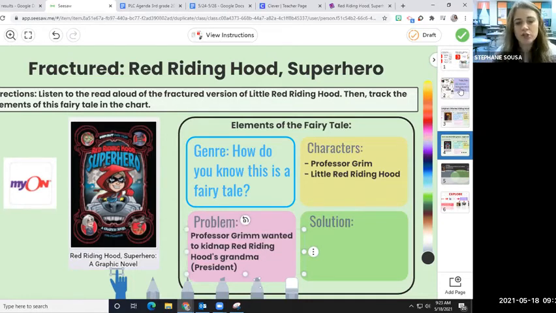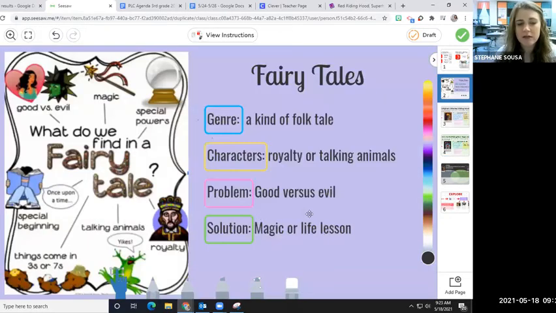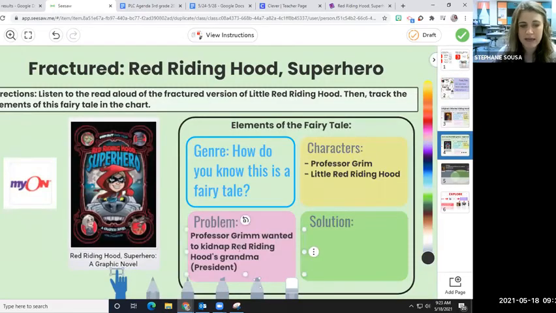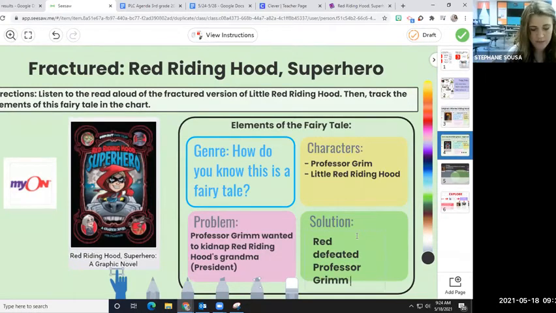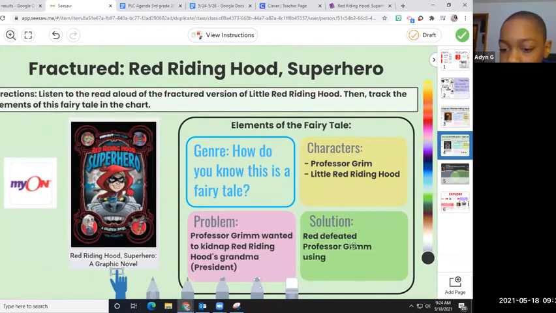Our solution. Remember, in fairy tales, our solution is usually magic or a life lesson. What was our solution in this one, Aiden G? She defeated Professor Grimm and turned him into the government. Yes, Red defeated Professor Grimm using, I'm going to call it her magic cape, right?